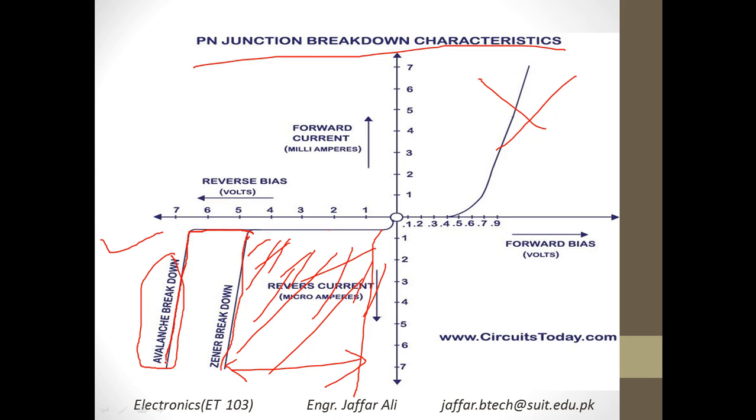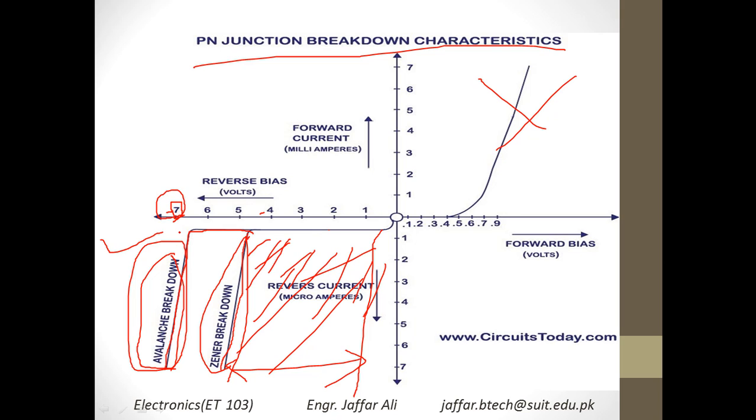So avalanche breakdown, as I've told you, occurs at high voltage, and Zener breakdown occurs at low voltage. So you see that it is occurring at, let's say, -4, and it is occurring at, let's say, 7. The negative sign shows just the polarity. I'm talking about the amplitude of this voltage.